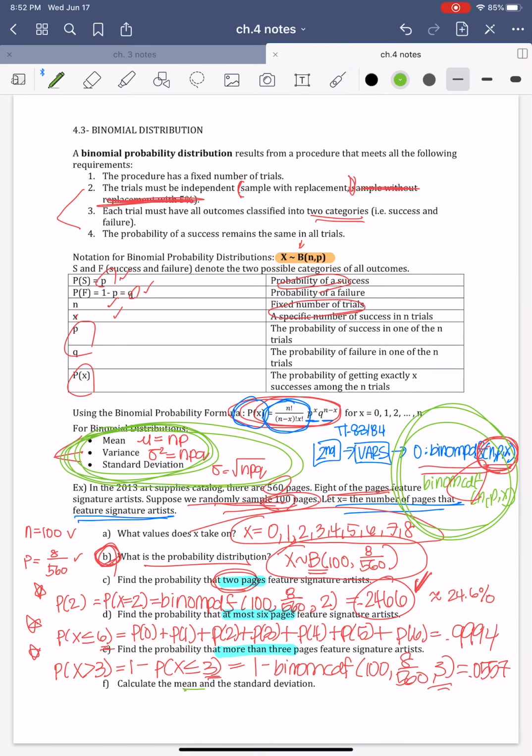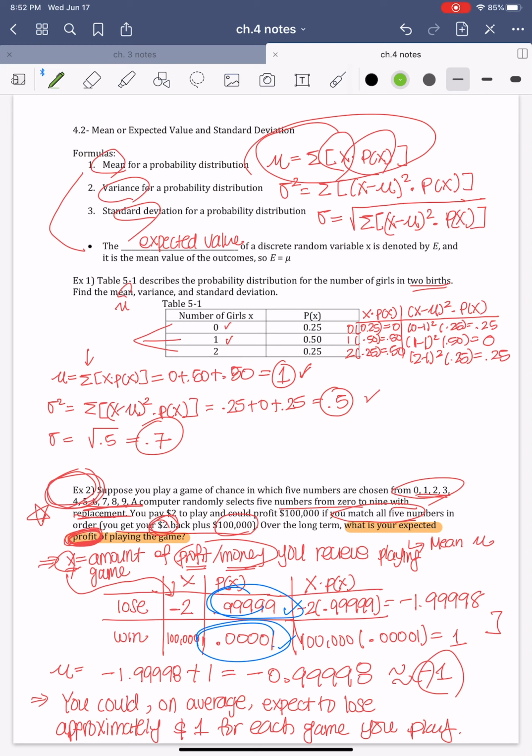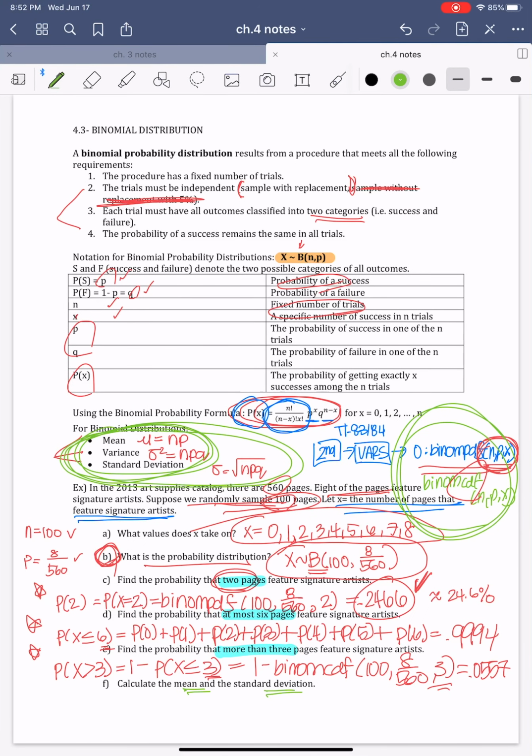They see the words mean and standard deviation, so they randomly open up the page and use this formula. This is a mean and standard deviation formula, but remember, this is for the probability distribution function. This is for the binomial, so you have to use the binomial distribution mean and standard deviation formula, okay?